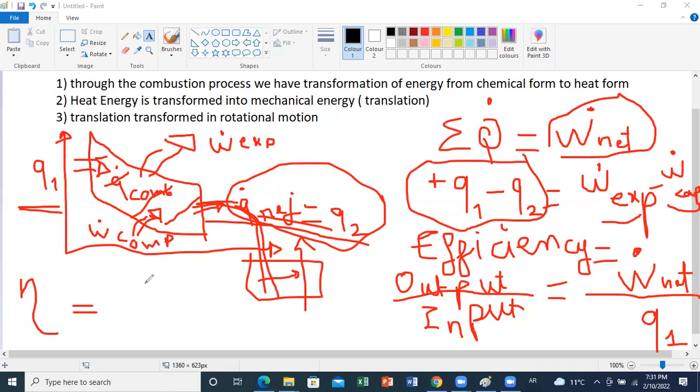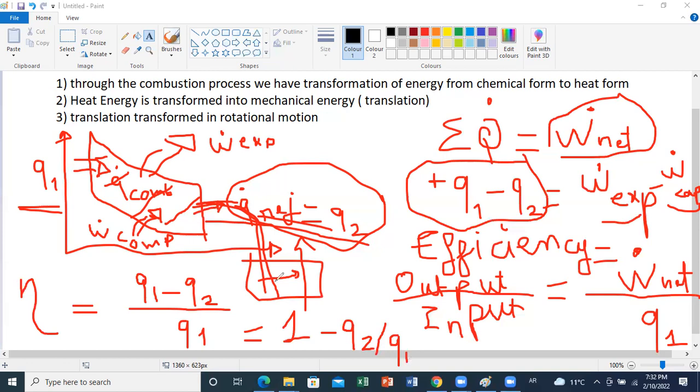Okay, so my efficiency will become Q1 minus Q2 over Q1. So this is equal to Q1 over Q1, which is 1, minus Q2 over Q1. So this is the expression of my efficiency.